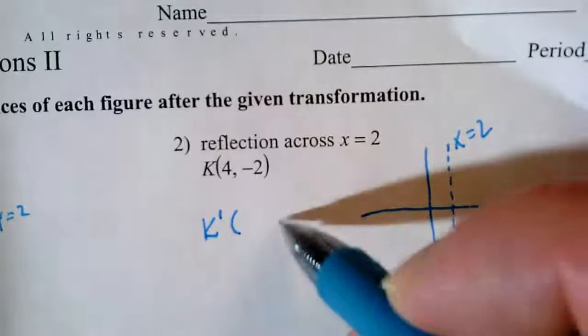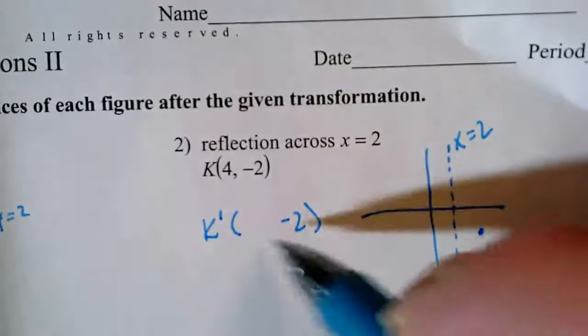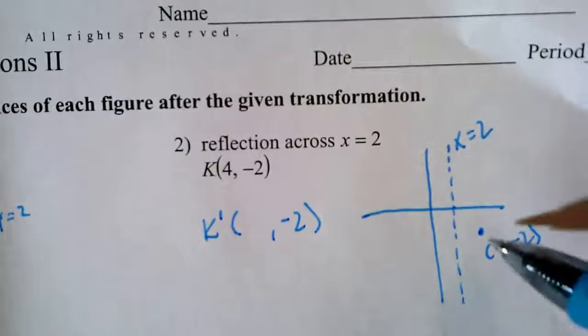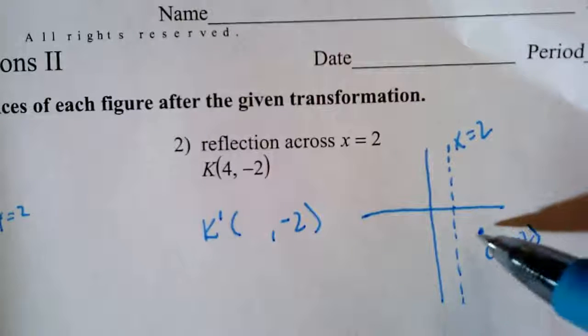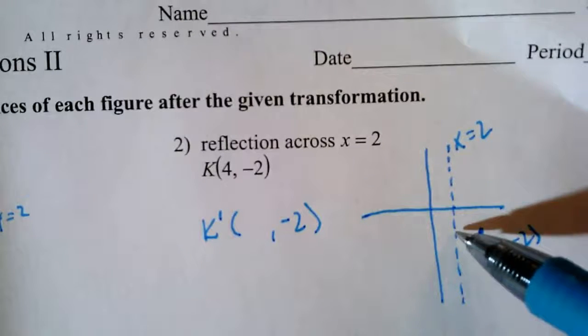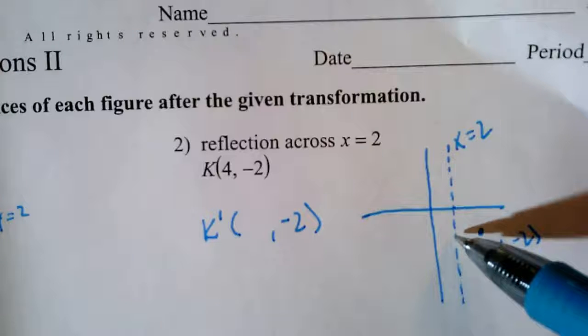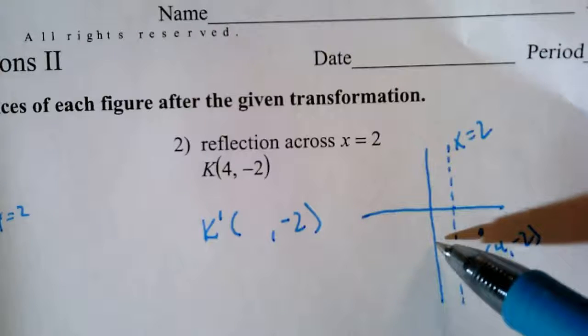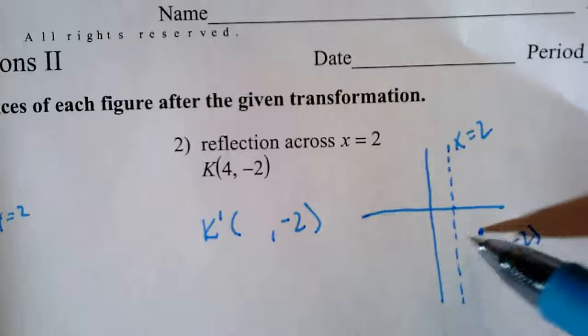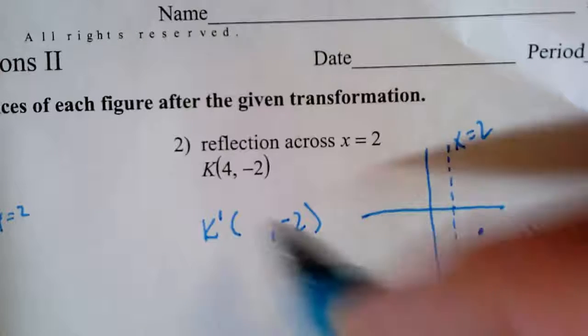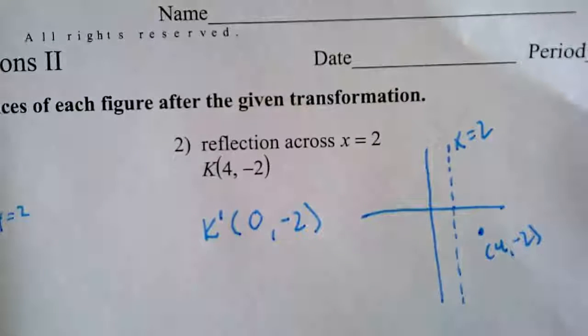So K prime is still going to have a -2 for a y-coordinate. But the x-coordinate: the original is two spaces from the line, so the new x-coordinate will be two spaces in the other direction. So 4, 3, 2, 1, 0. (0, -2). All right? So I think it's a good idea to draw yourself a real rough sketch to get an idea of where these points and lines are before you try to do the reflections. These are just reflections.